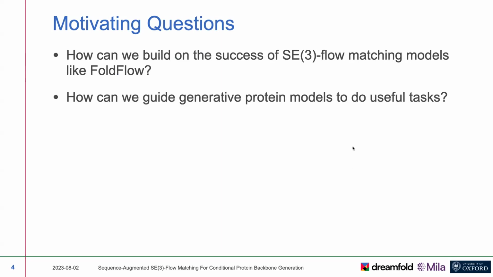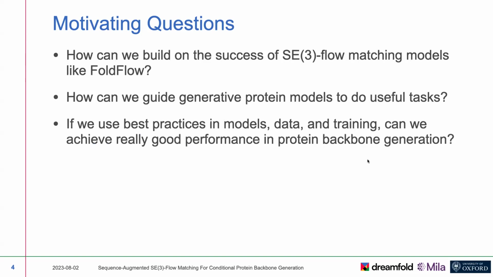We also wanted to better understand how we can guide generative protein models to do useful things, because if they can't be conditioned properly, it provides limited use to us. And then also, we wanted to see if we took the best practices in models, in data, in training, could we achieve really good performance in protein backbone generation? So those are the three areas that we tried to explore, and hopefully we'll be able to shed some light on each of these questions.